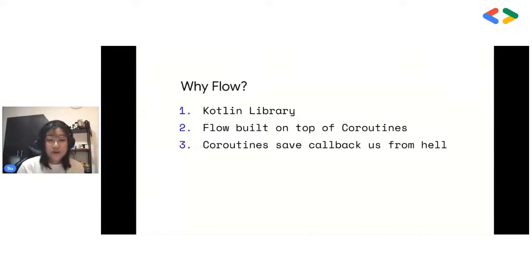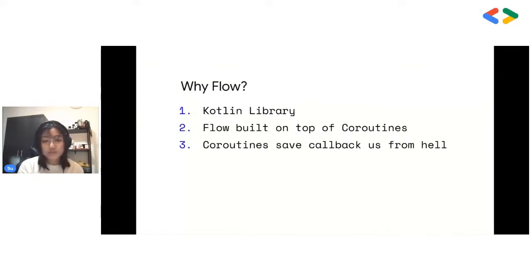And why Flow? The reason is that you cannot use JVM-specific libraries like RxJava in your Kotlin multiplatform projects. So Flow is the answer. Flow is a part of the Kotlin language, so it's ideal to use in Kotlin multiplatform projects.